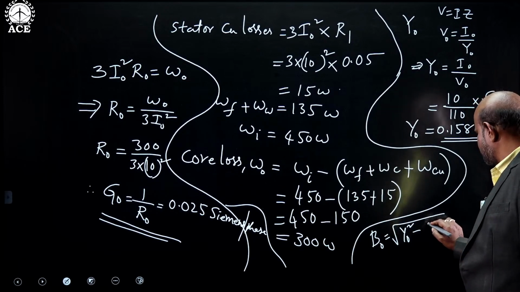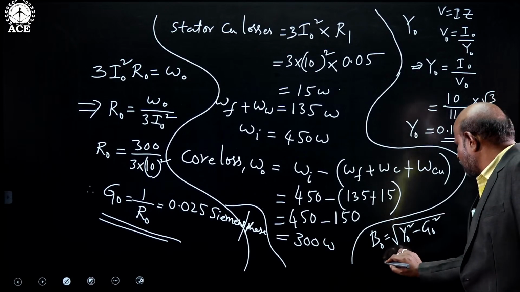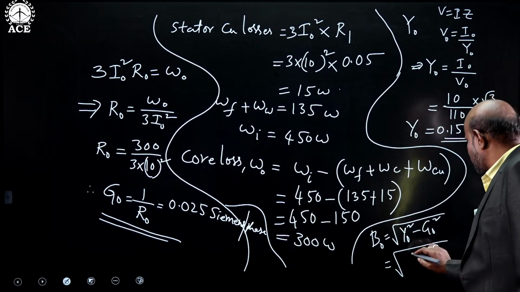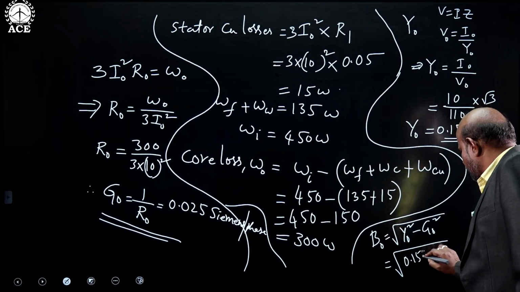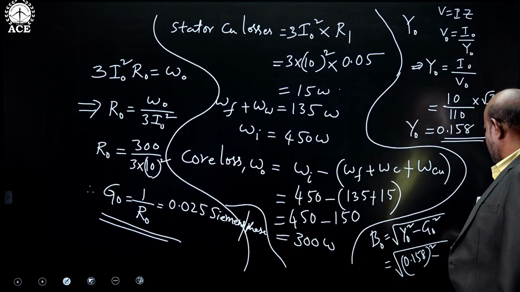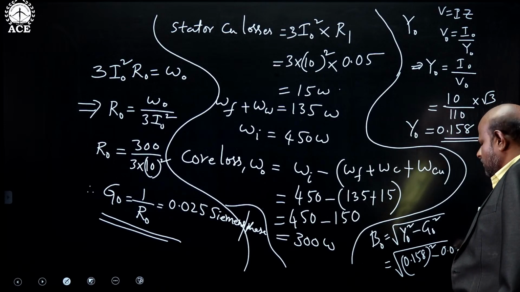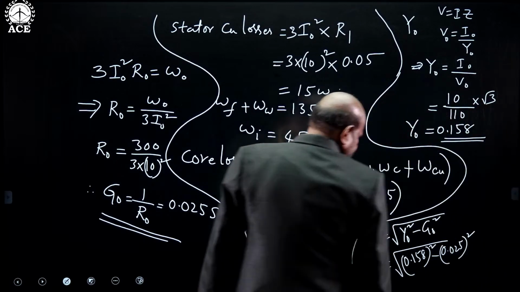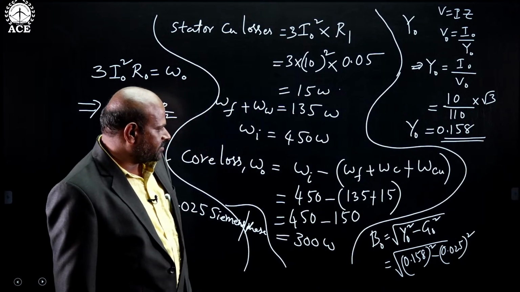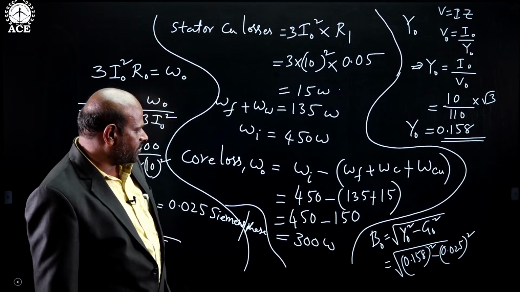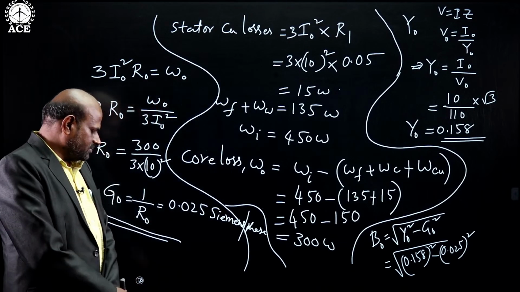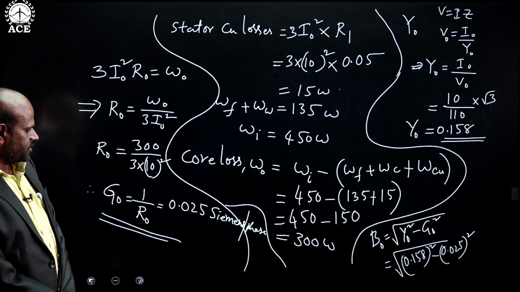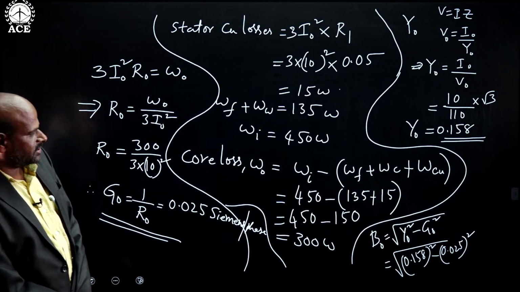To substitute here, Y naught is 0.158 whole square minus G naught 0.025 whole square, and simplify, you are going to get B naught value as how much? 0.156.